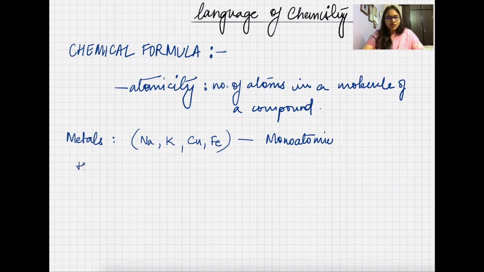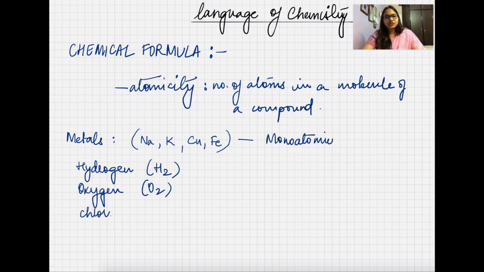Non-metals cannot exist as a single atom, so they always need another non-metal to coexist. So hydrogen and oxygen have their formulas as H2 and O2. Chlorine is Cl2, nitrogen is N2. All of these molecules have something in common: all of them have 2 atoms of the particular element.